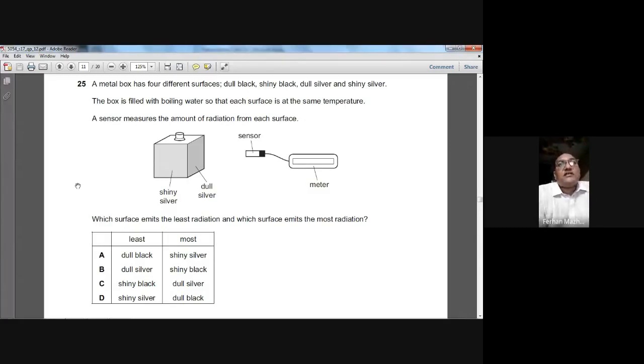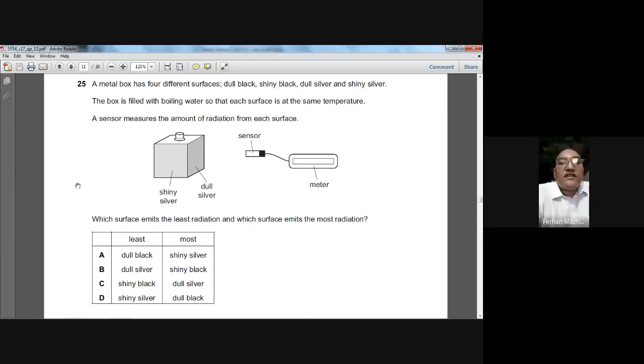A sensor measures the amount of radiation from each surface. Which surface emits the least radiation and which surface emits the most radiation? This is a box with boiling water in it, and its 4 walls have different colors and textures.